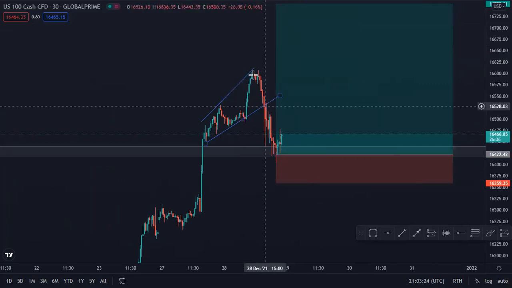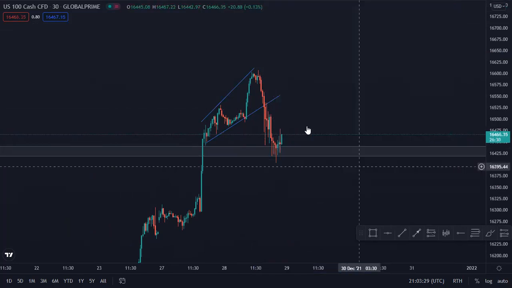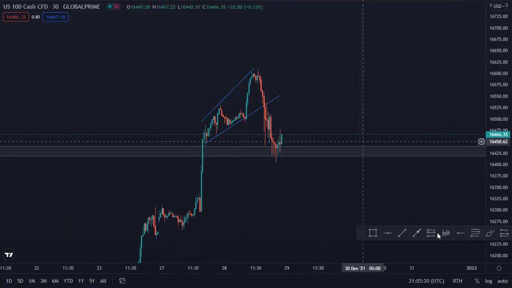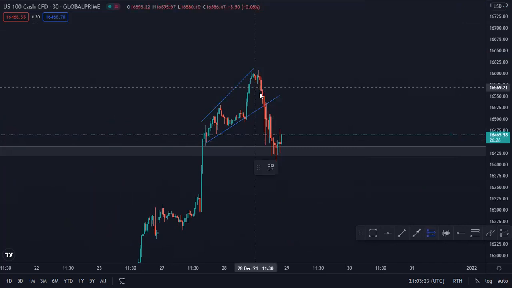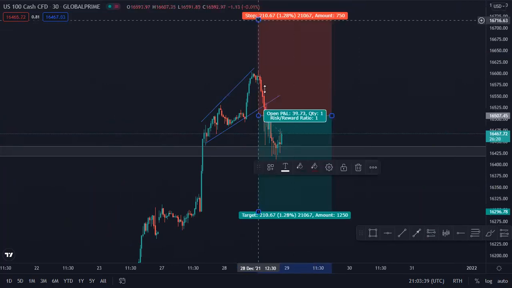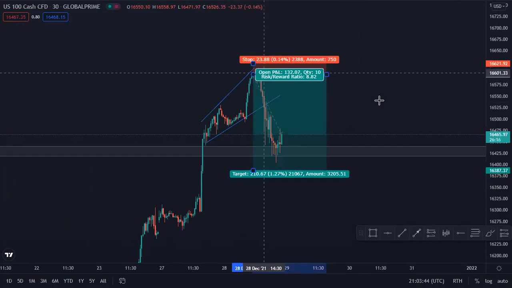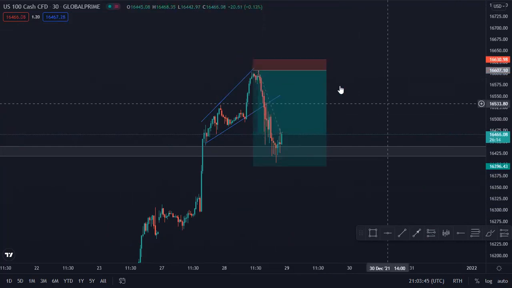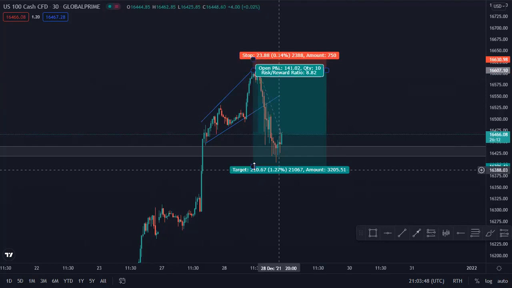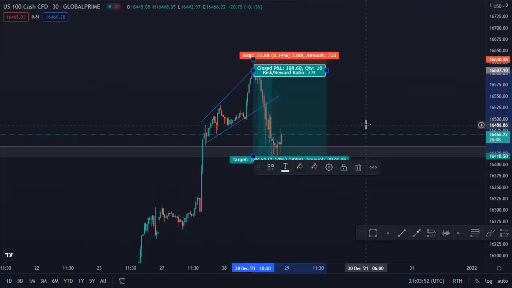It broke out this level, and if you were looking to trade this reversal pattern, we would have entered our trade either with risk entry or with reduced risk entry. If we enter with risk entry, we would have entered right here, and our target would have been exactly right here.